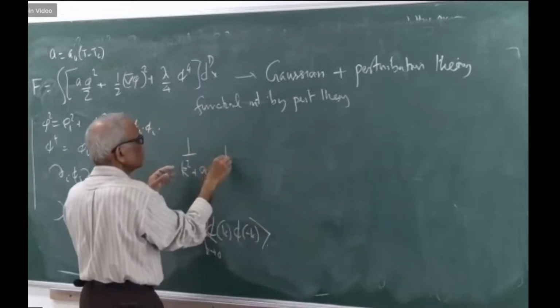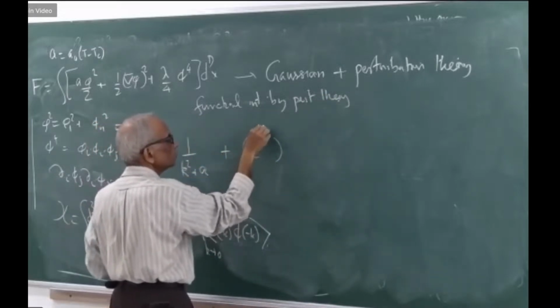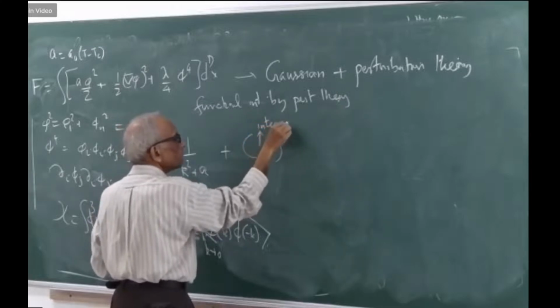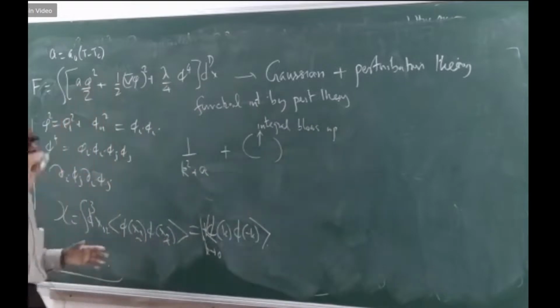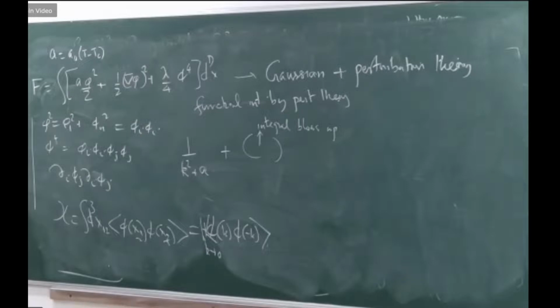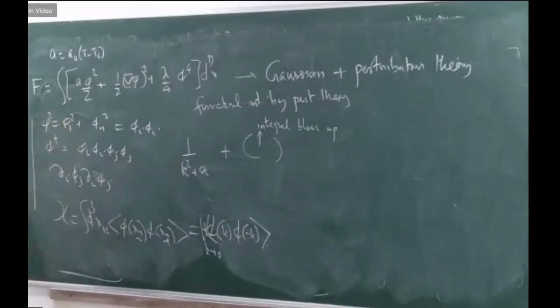You pick up something where the integral blows up. So that is where the problem is. And therefore, the standard way of doing perturbation theory will not work, as you can easily check for yourself. And therefore, I need a different approach.